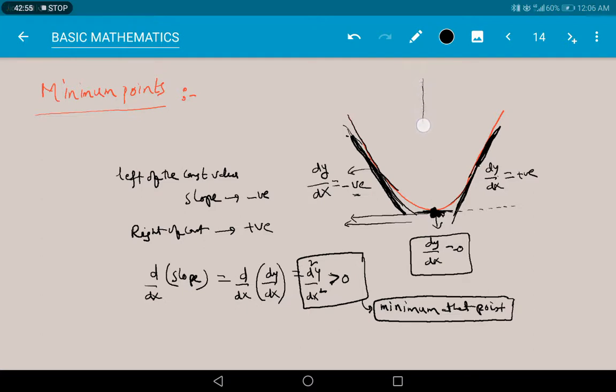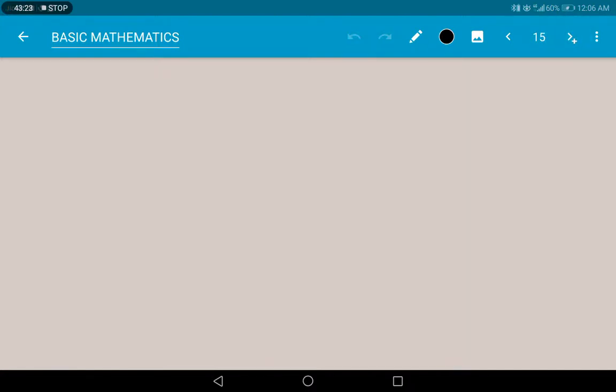It is a graph like this only, with respect to x and this with respect to y, this is a minimum function. So when the second derivative of the given function is greater than 0, then at that point the function is minimum. Right, next maximum.